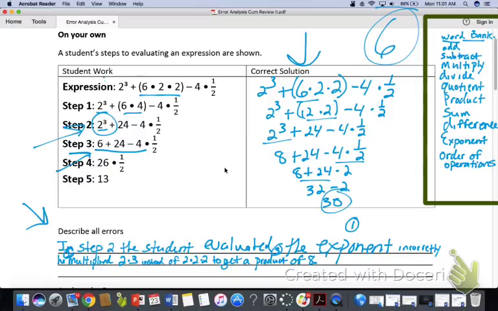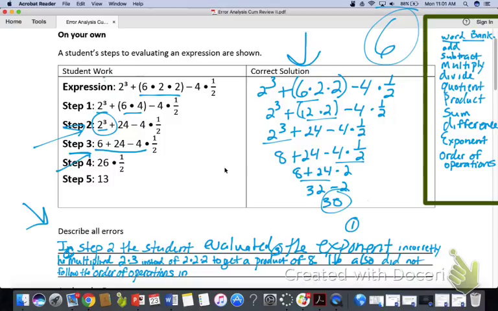He also did not follow the order of operations. Now, as I do this, I need to tell you that you cannot use PEMDAS because PEMDAS is a strategy.